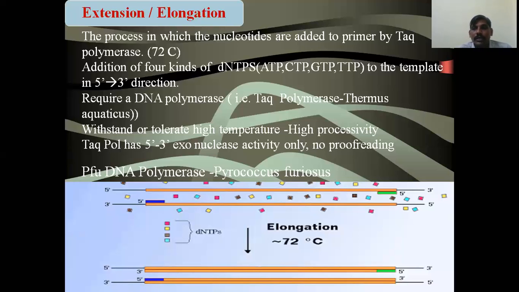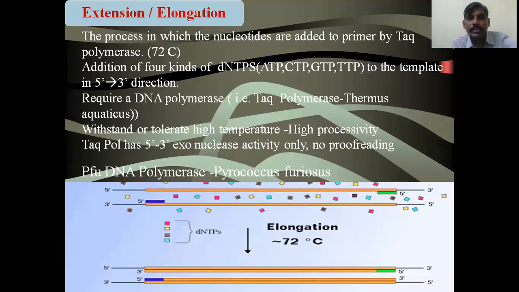But that type of DNA polymerase does not work here, because the temperature is 72 degrees Celsius. At 72 degrees Celsius, a normal DNA polymerase enzyme is denatured. It loses its chemical properties.